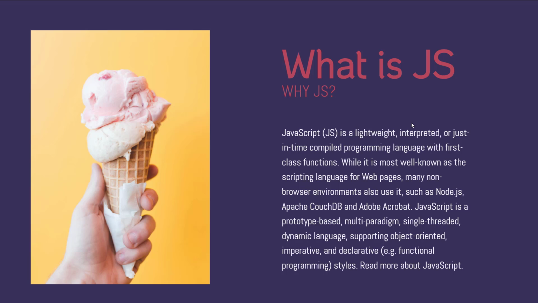And interpreted means it's not a program that needs to be compiled. We will discuss it later, but interpreted means the code is interpreted or translated line by line, and your browser or environment will run it line by line.